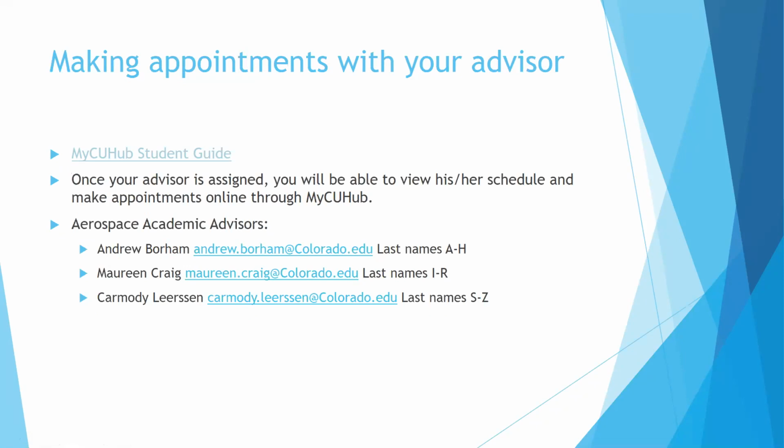Again, here's our contact information, our names, email addresses, and what students we see. You should have already received emails from us, maybe even a few, with information and directing you back to us if you have questions.